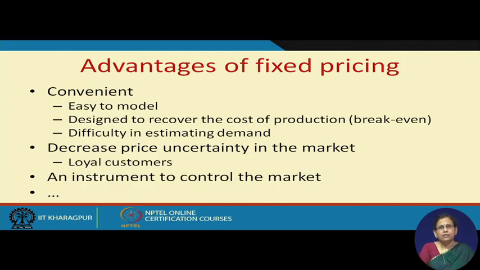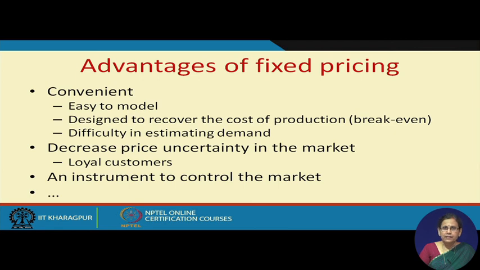People go for fixed pricing because of many reasons. It is convenient, it is easy to model, it is easy to implement, and using this you can have a plan to recover the cost of production. You can find out the break even point.